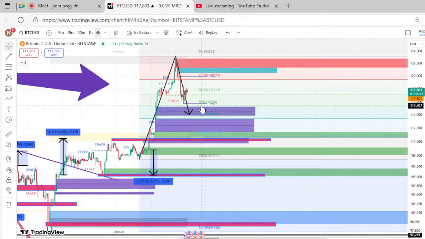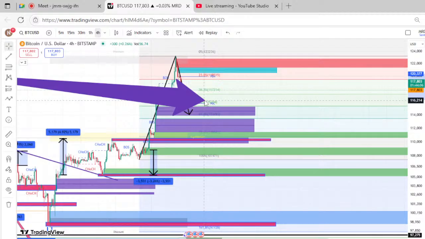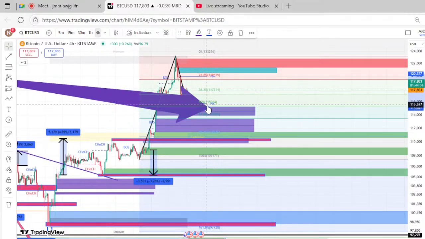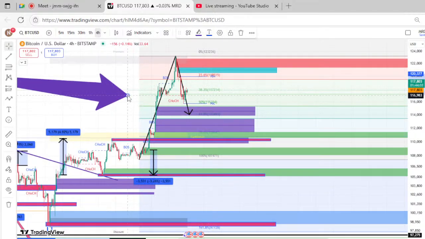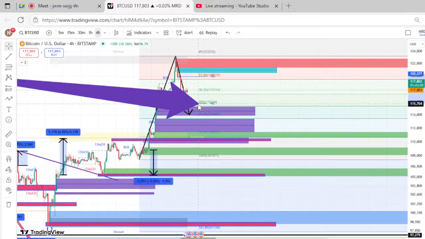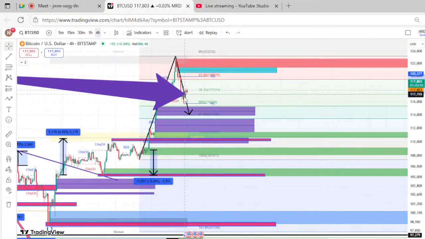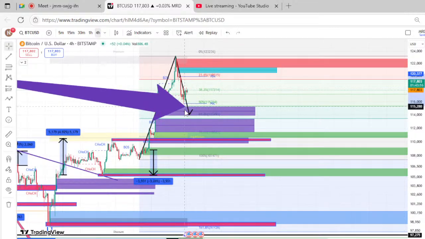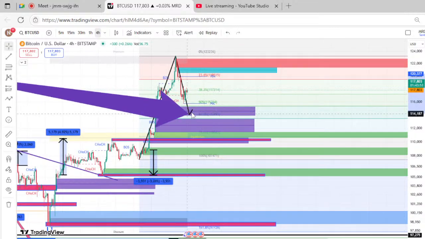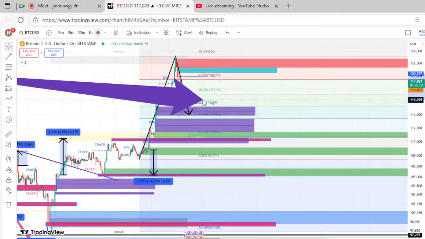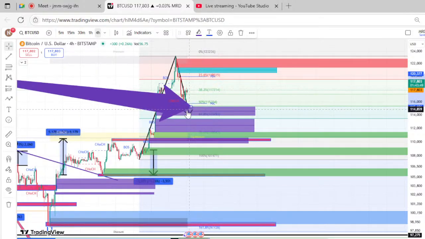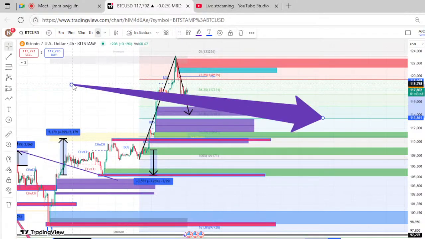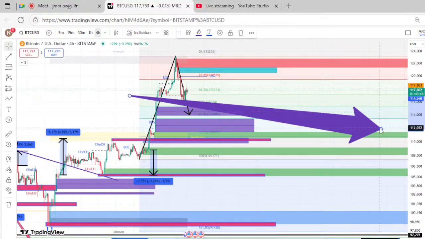Remember, it's where we have our 50 line, which we call the golden ratio. The golden ratio is around here. Therefore, we expect this market either to come and touch this fair value gap, or to touch the 50 line. Are we together?